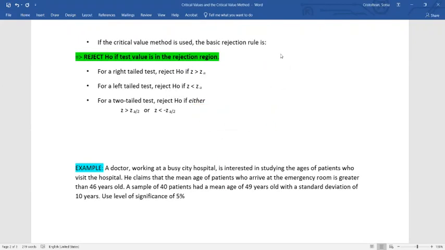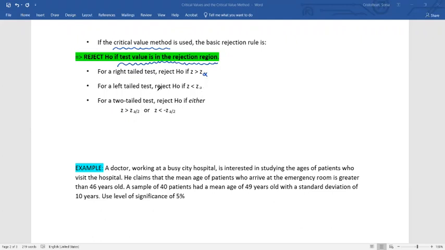As I was saying, the basic rejection rule while using the critical value method is: reject H sub 0 if the test value or the test statistic falls in the rejection region. For a right tail test, this happens if the test statistic is greater than the critical value, which is denoted Z subscript alpha.